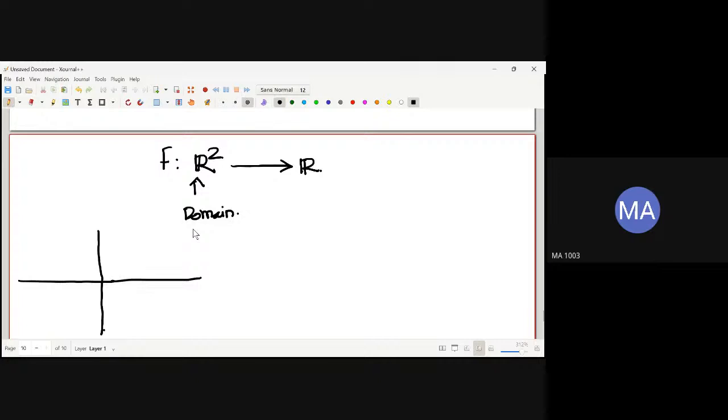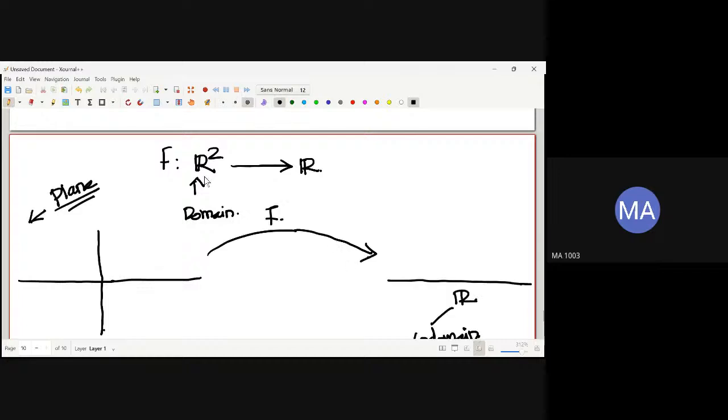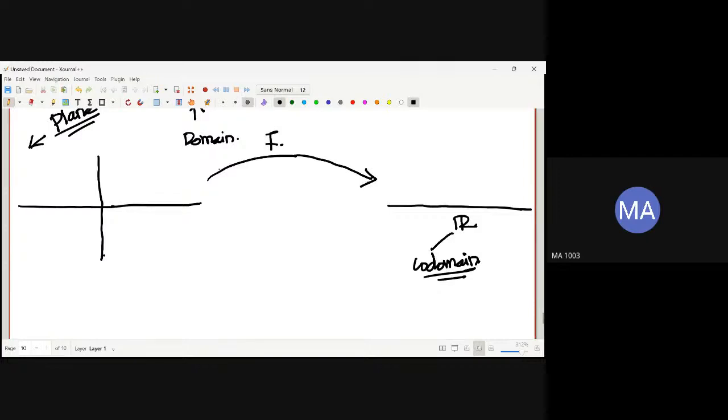Now can you see the problem when I'm considering a function from R2 to R? If I want to check the limit of this function at a point, let's say this is my point a comma b.